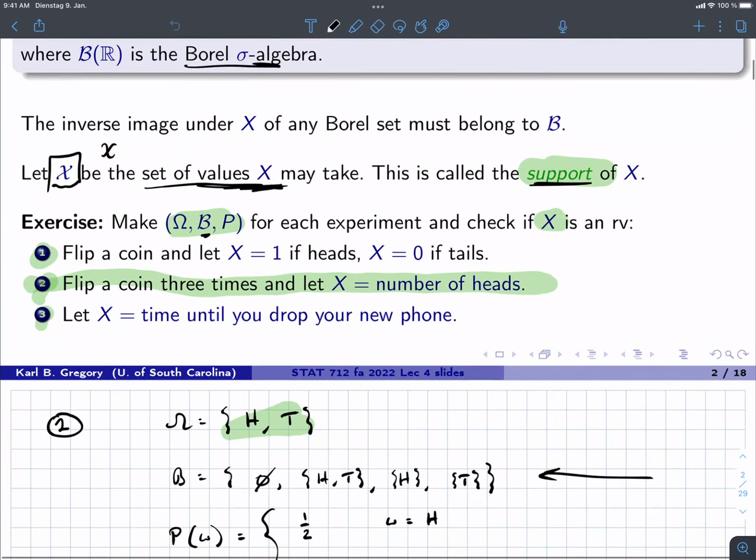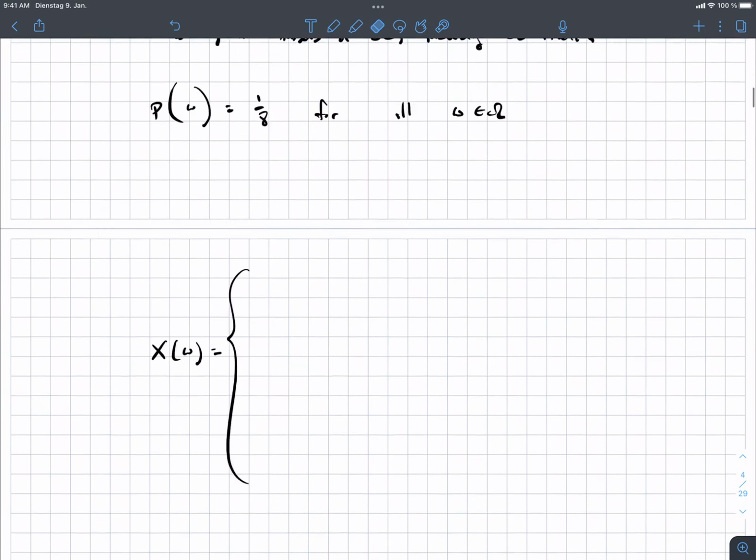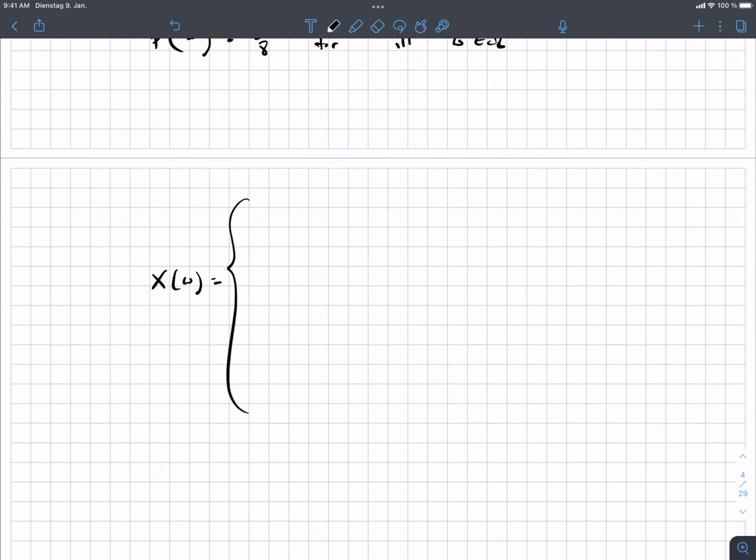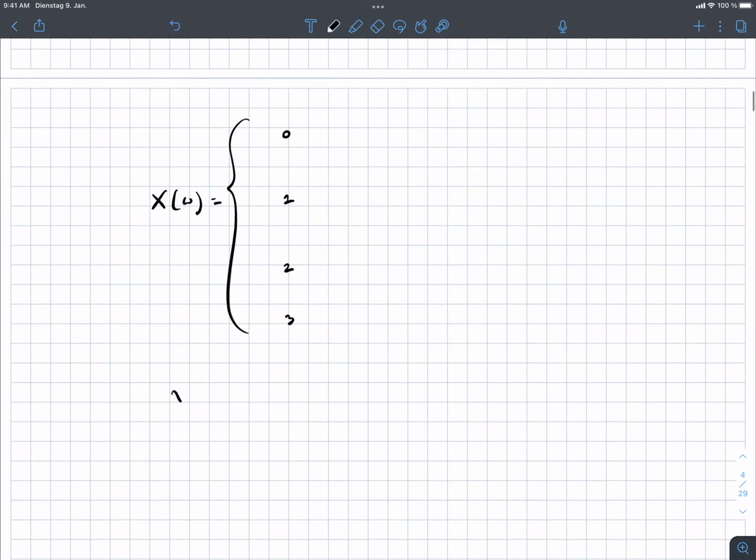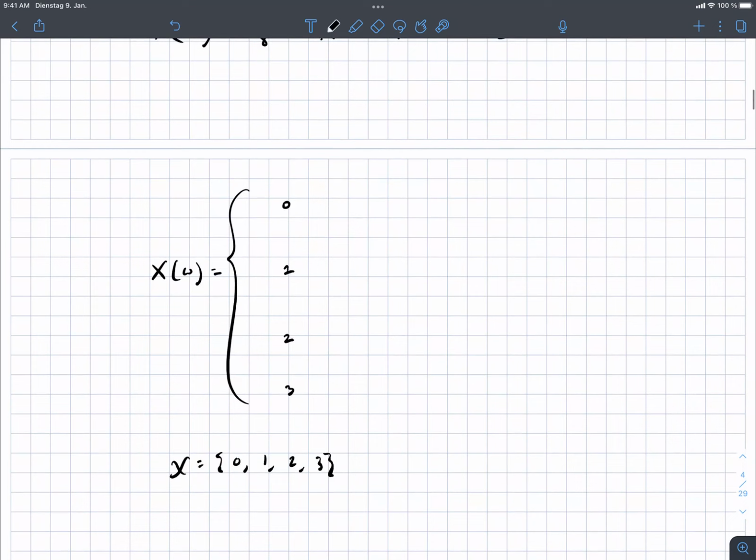Okay, so I'm counting the number of heads. That's my random variable. That's my numeric encoding of the experiment. So x could be 0, 1, 2, or 3. So I see the support of x is 0, 1, 2, or 3. And if I get tails, tails, tails, that gives me 0.